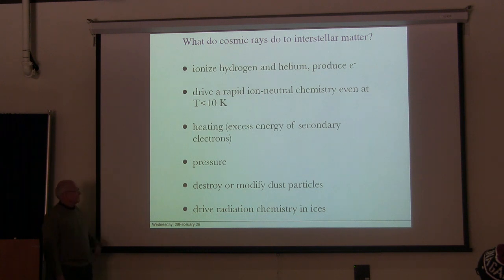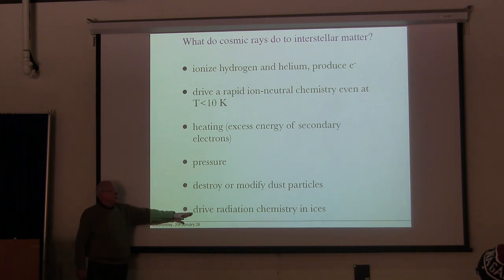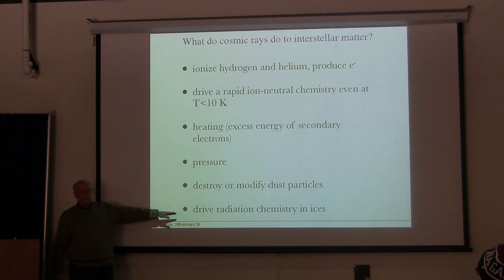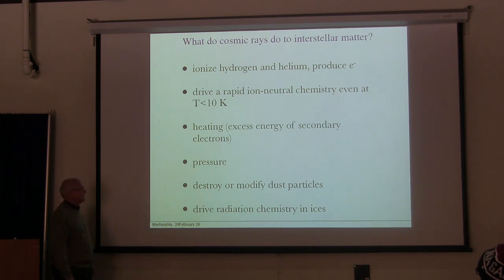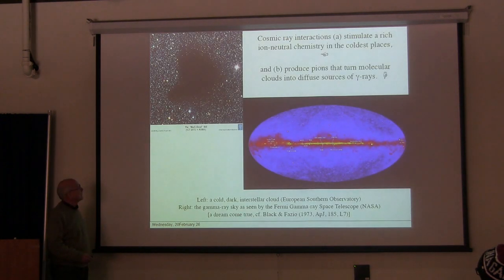As we heard in one of the earlier lectures, cosmic rays can also drive a radiation chemistry inside ices, the frozen stuff on top of refractory dust particles. And for the dust particles themselves, cosmic rays can destroy or modify the properties of the dust particles.